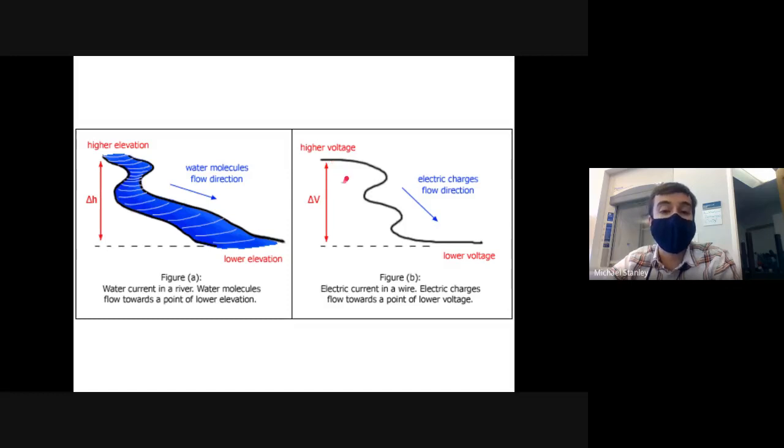The negative side of the battery is the higher voltage side. The positive side of the battery is the lower voltage side. And so it naturally pushes electric charges from the high side to the low side. And that's how we're able to complete that circuit and get those electrons looping around.